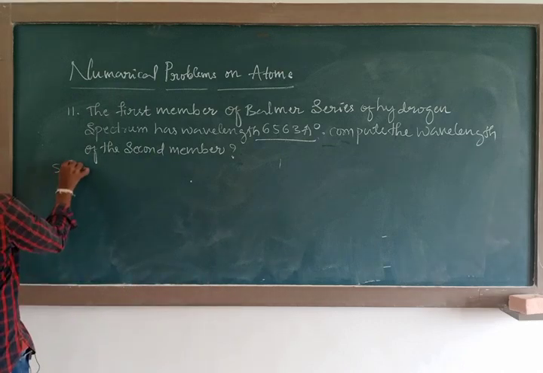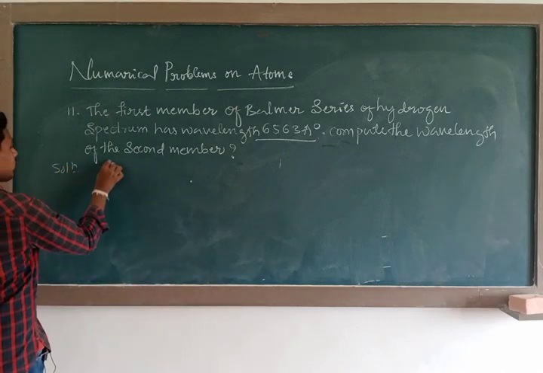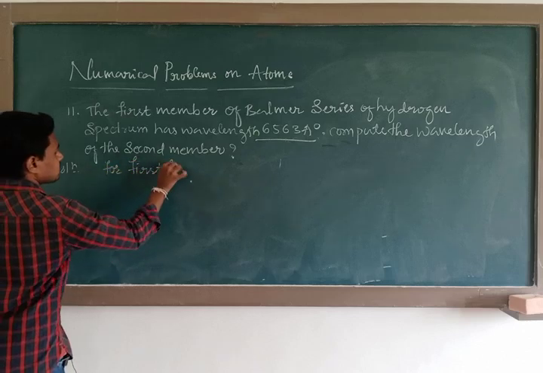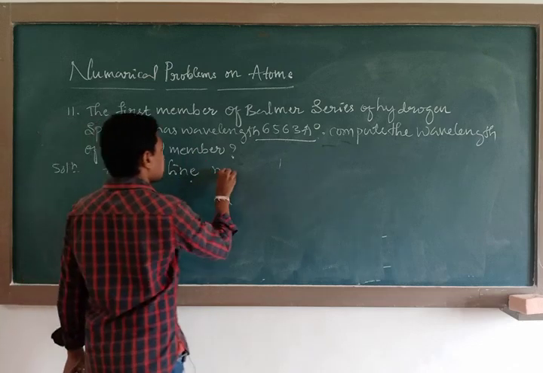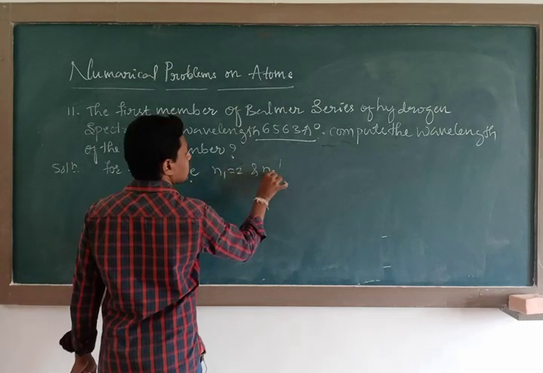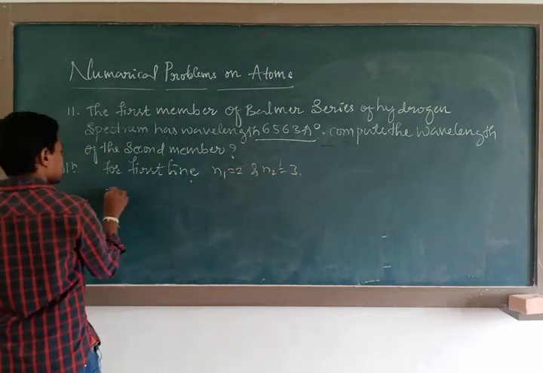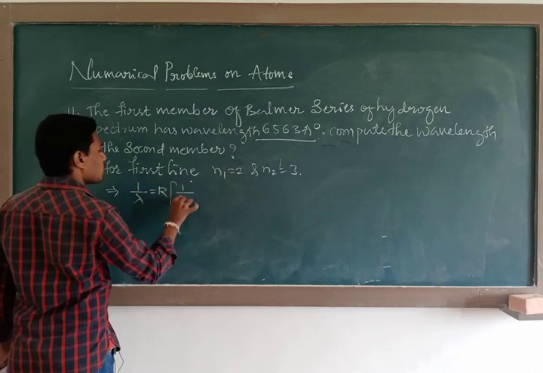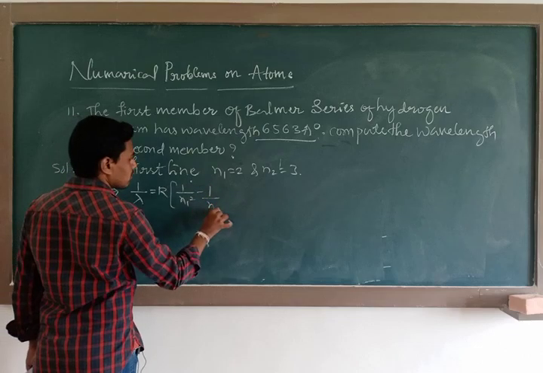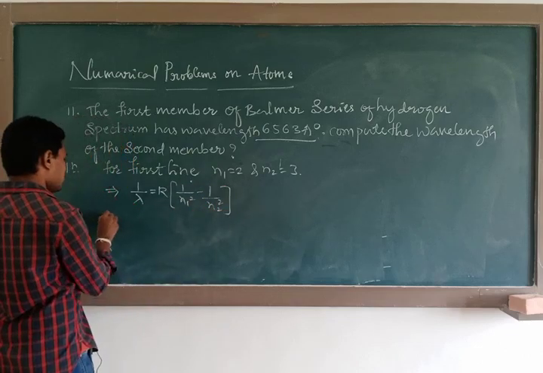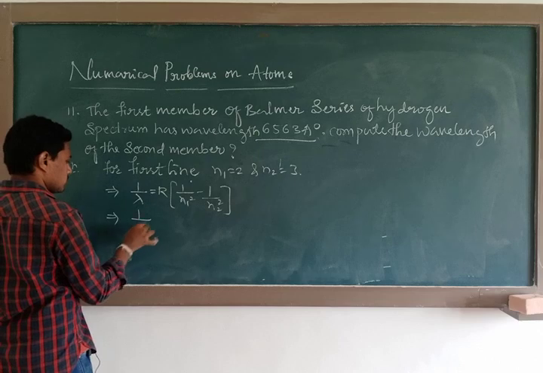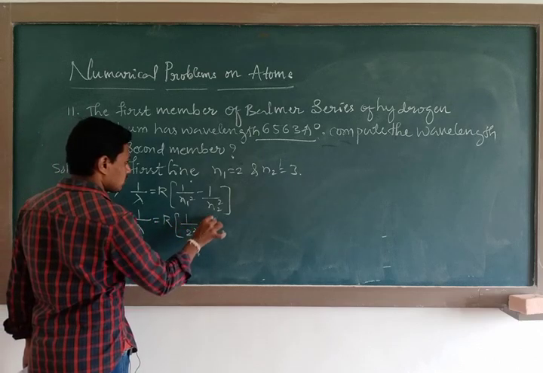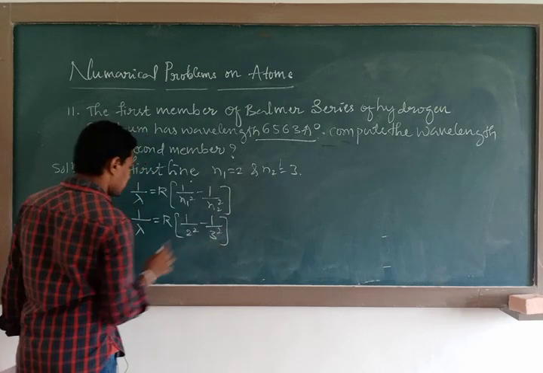The solution of this is, for first member, for first line, N1 should be 2, N2 should be 3. Therefore, 1 by lambda is equal to R into 1 by N1 square minus 1 by N2 square. 1 by lambda is R into 1 by 2 square minus 1 by 3 square.